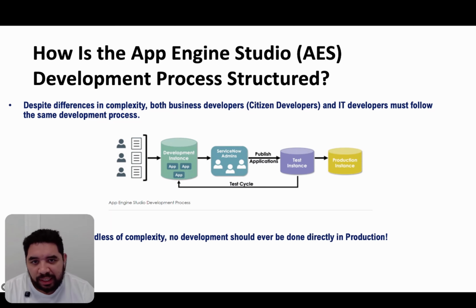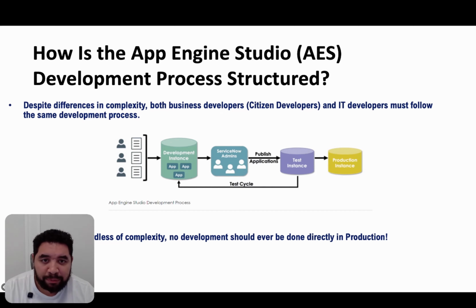Both citizen developers and IT developers follow a structured life cycle: development, testing, and then production. In this course you use a PDI, which is a single development instance. It is perfect for learning, but in real companies, this setup is different.